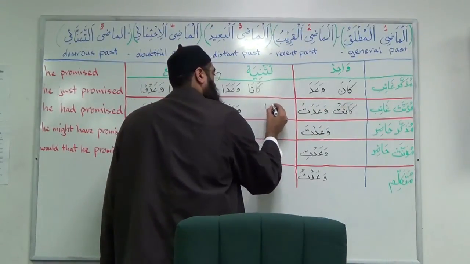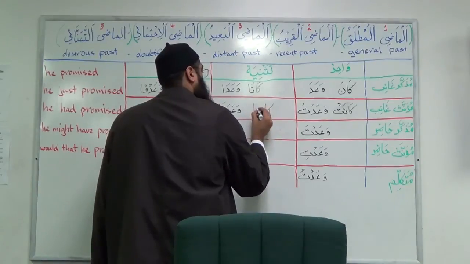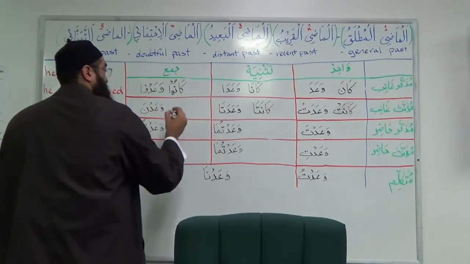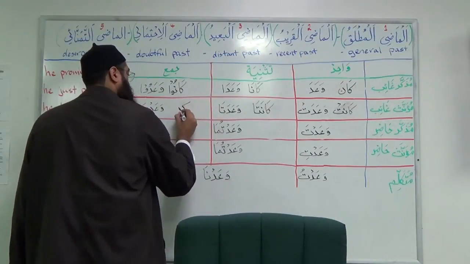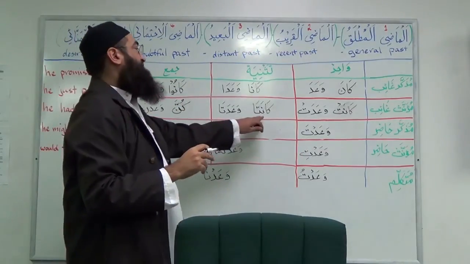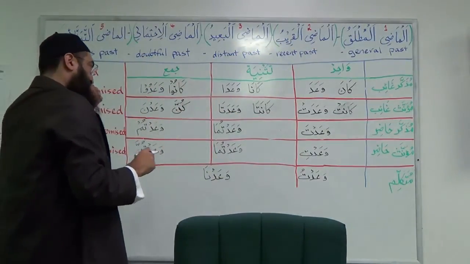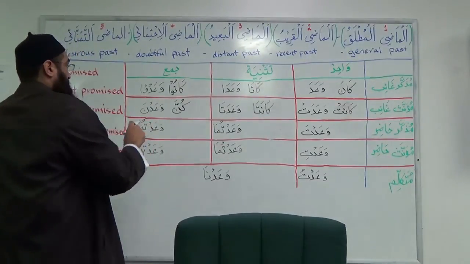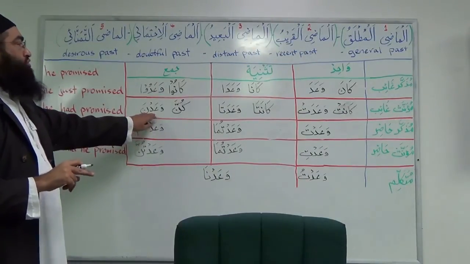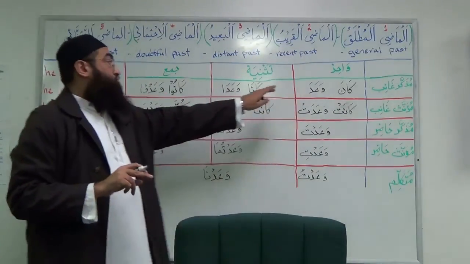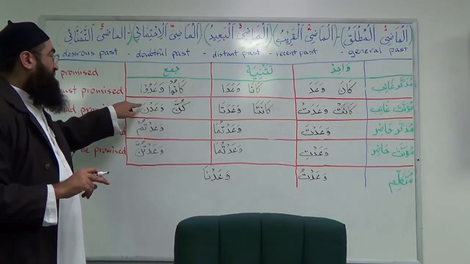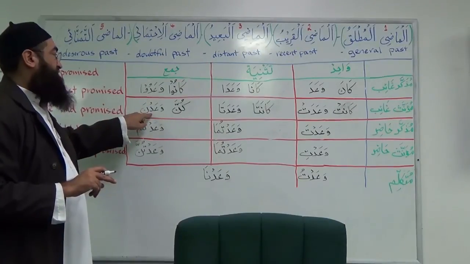Now, in this, it's going to change kanata, wa'adata, and then kunna. Alright? So kanata, wa'adata, and then in this verb, what do you do to wa'ada to make it jama mu'annath ghaib? You add a noon with the fatha and you make sakin on the dal.